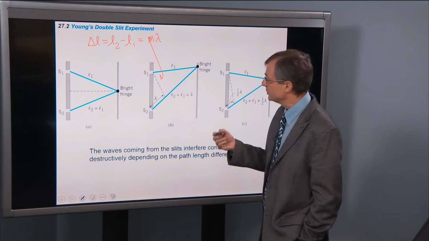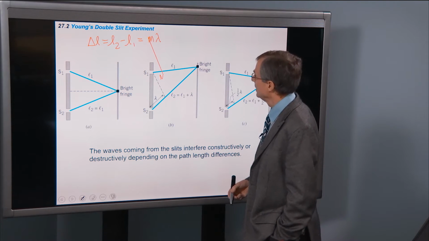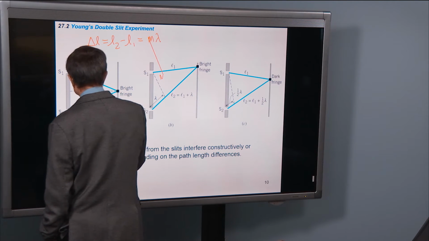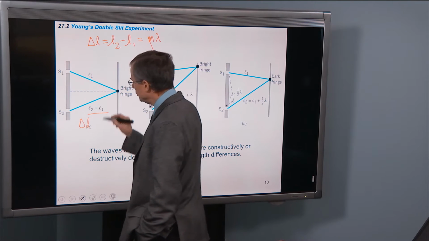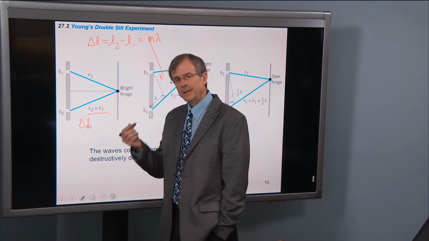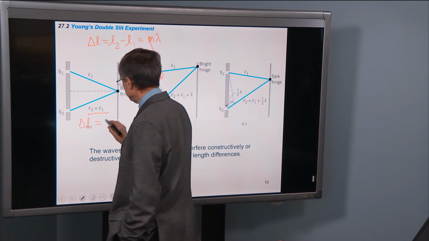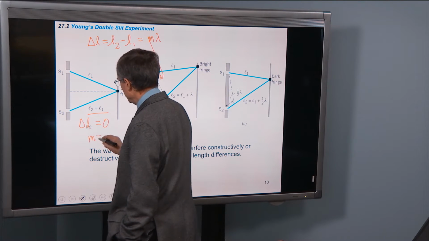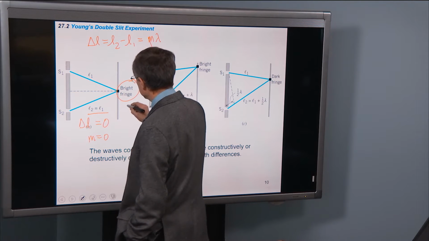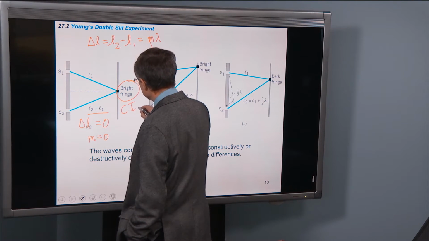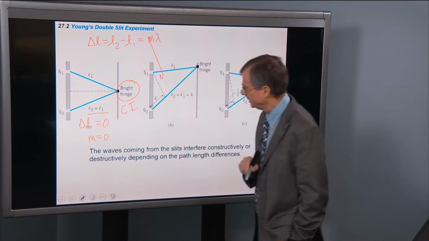It could be 0, 1, 2, 3, etc. Well, in this case, if L2 equals L1, then L2 minus L1, which is delta L, is 0.